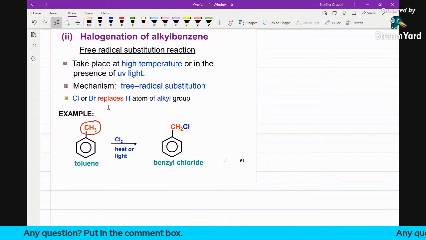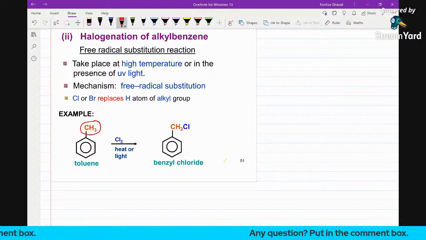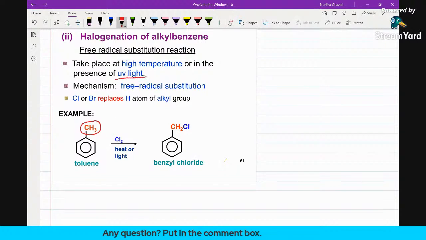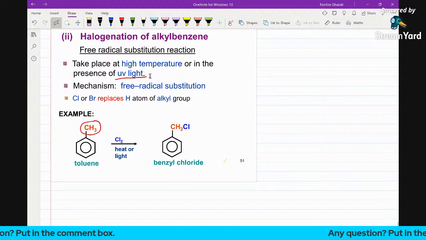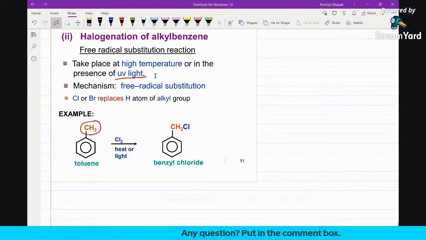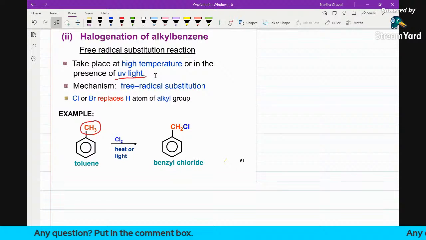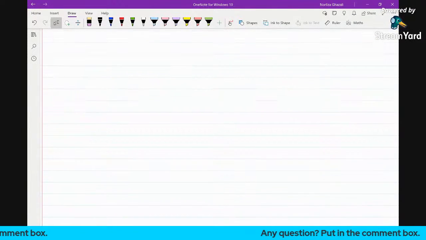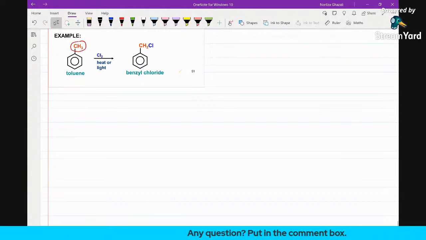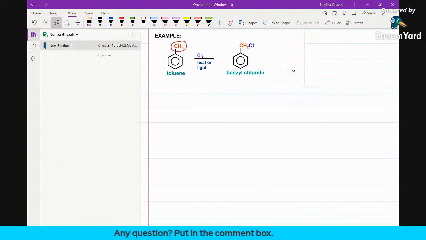We replace hydrogen from the alkyl group with halogen, and the condition we need here is sunlight or UV, because we need UV to initiate the homolytic cleavage to form free radical. So that's all for benzene.